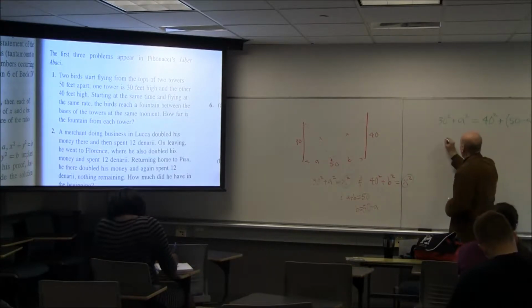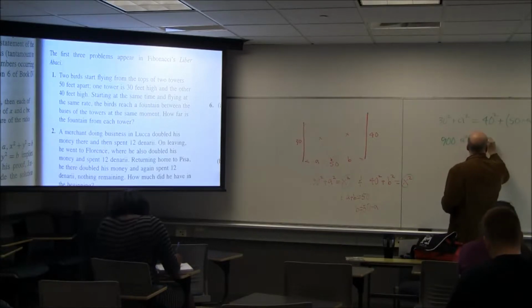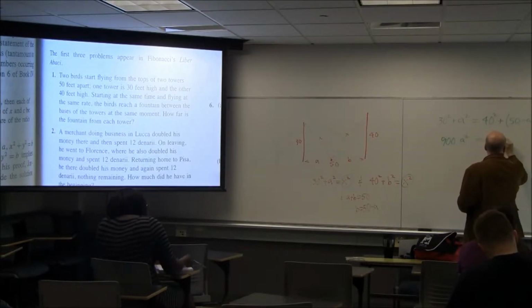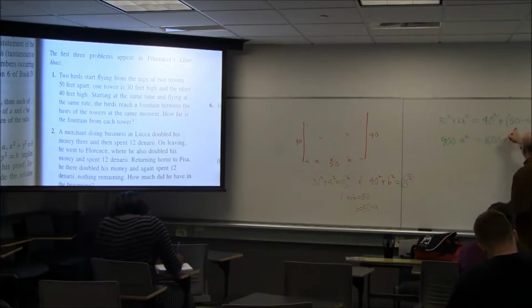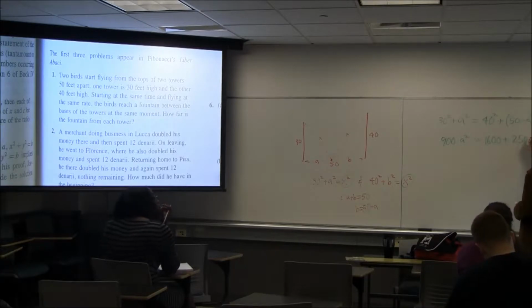So let me work on it a little more. 900 A squared equals 1600 plus, square this whole mess out, 50 times 50, that's 2500. Minus 50A, and then another minus 50A is 100 A's with a negative sign, and plus an A squared.